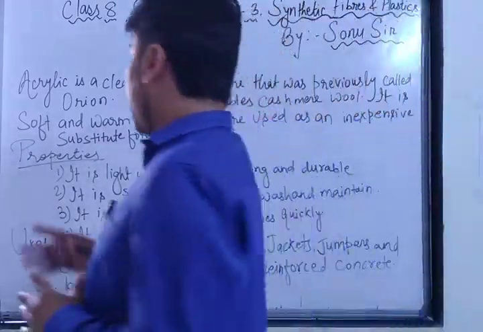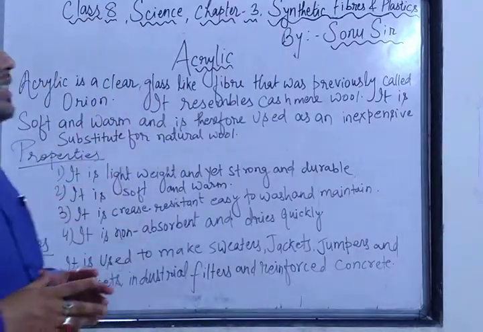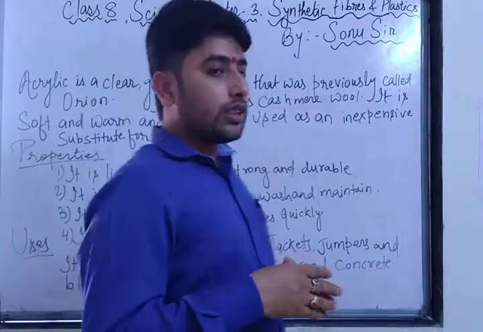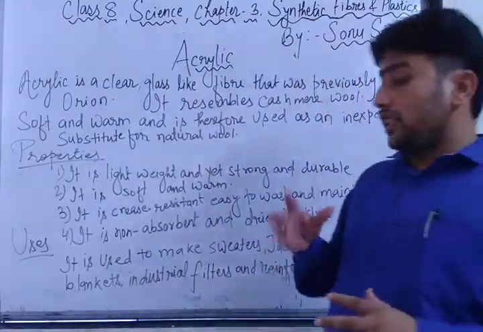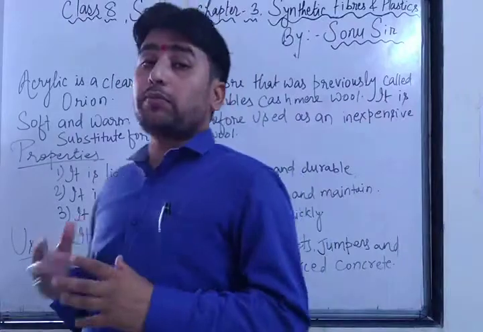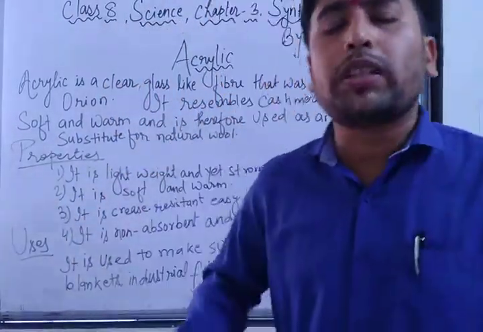Similarly, here it is written that acrylic resembles Kashmiri wool. Kashmiri wool is obtained from the Kashmiri goat, and this wool is very expensive. But acrylic is not too expensive.